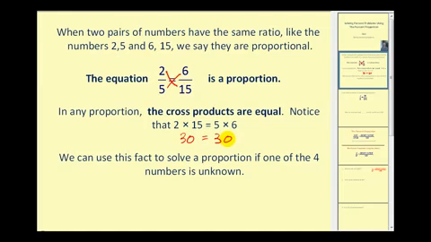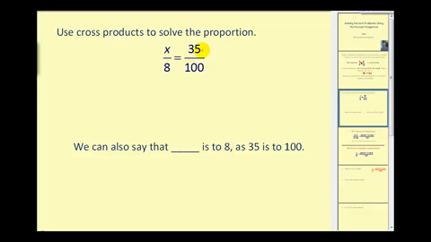And this is a very important fact because it does allow us to solve a proportion if one of the four numbers is unknown. For example, if we have this proportion and we're asked to solve for x, we can use the fact that x times 100, or 100x, must equal 8 times 35.